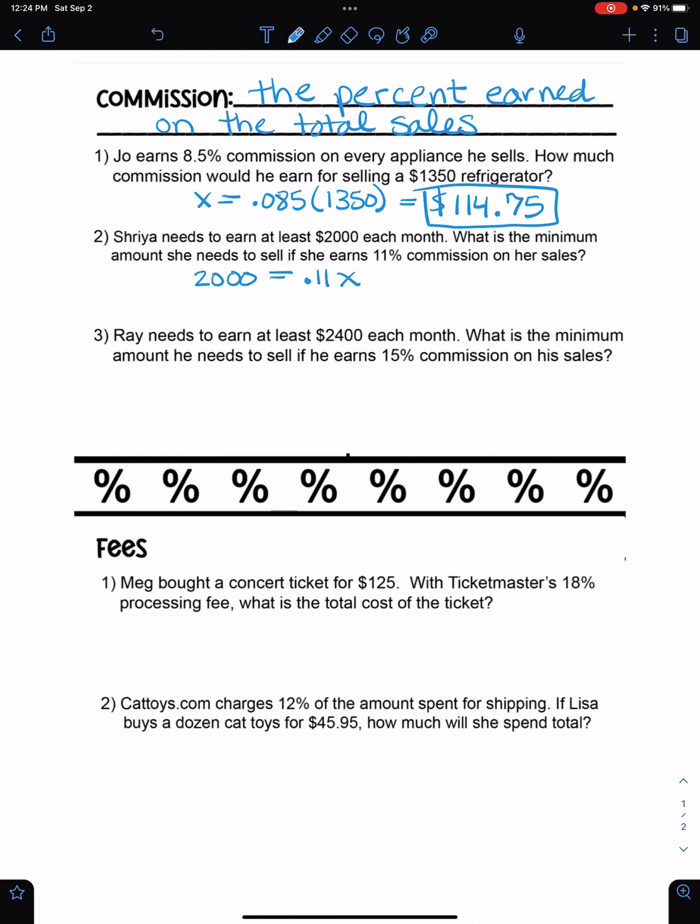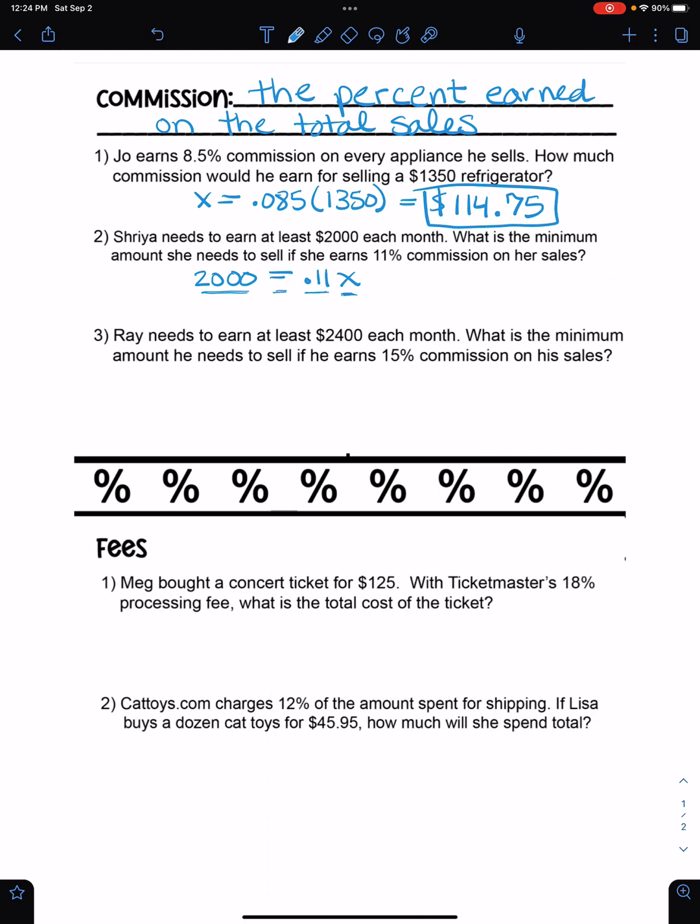I'm still saying that the commission is the percent of the sales, but instead of knowing the sales, I know the commission. $2,000 is 11% of, we don't know how much the sales was, right?